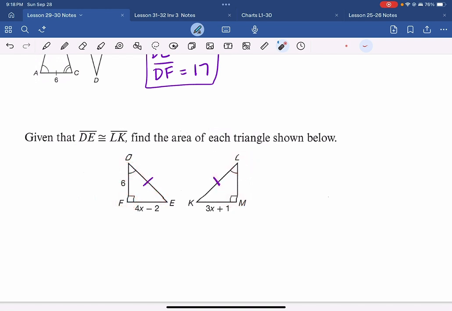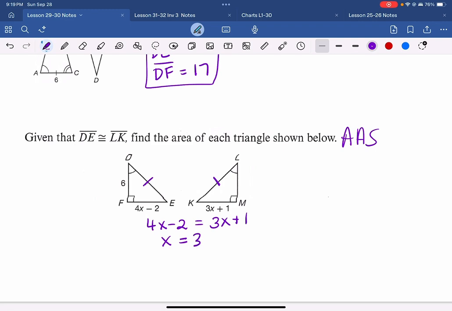So we know that these two are congruent because of angle, angle, side. Therefore, if they're congruent, then I know that these two sides are congruent. So I can set them equal to each other. 4x minus 2 is equal to 3x plus 1. Subtract the 3x, I get x over here. And then bring the 2 over there, and I get 3.